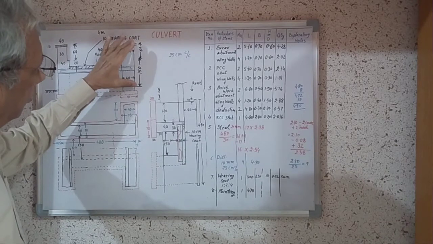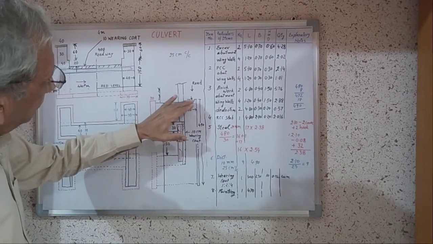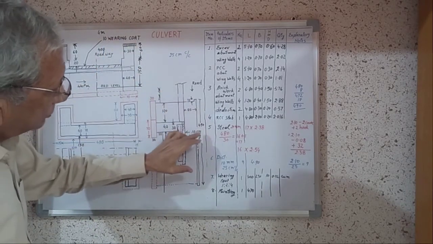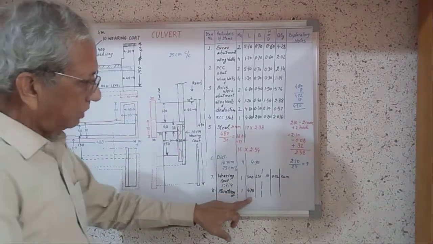Over this face, this wall, starting from here up to here, the height is this much, and the length is 490 minus 10. This is 470.